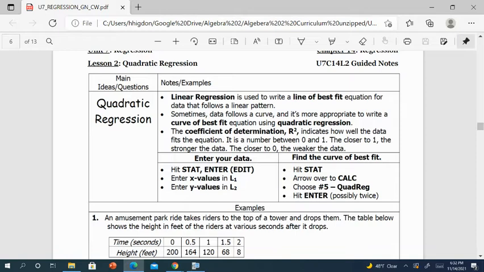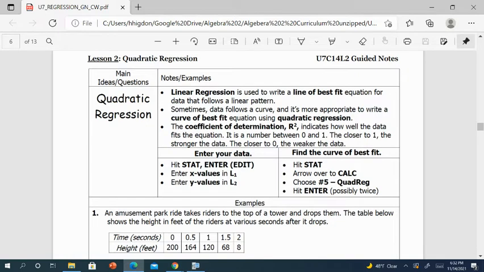So again, 0 indicates no correlation between the two things you're comparing, whereas a coefficient of determination of 1 means there is a strong correlation in that data. Now remember, R is associated with linear.